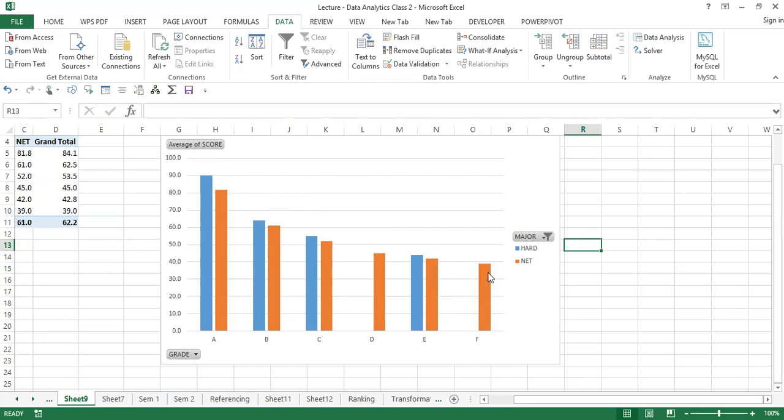You can see that it's only those with networking major that failed. So the data analyst does not need to be called in to interpret this one. Is it clear?